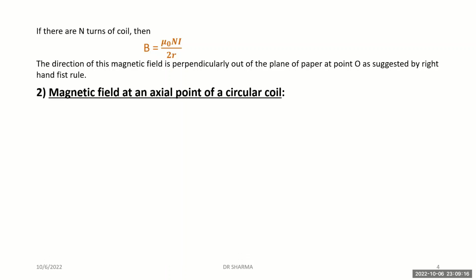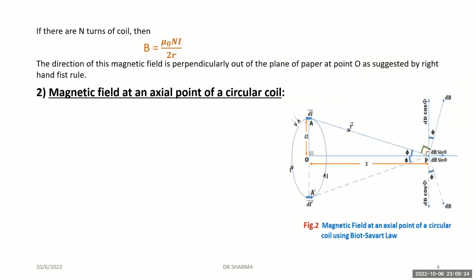Now let us discuss the second application of Biot-Savart law: magnetic field at an axial point of a circular coil. Consider a circular coil of radius small a that carries current I in anticlockwise direction when viewed from the right side.